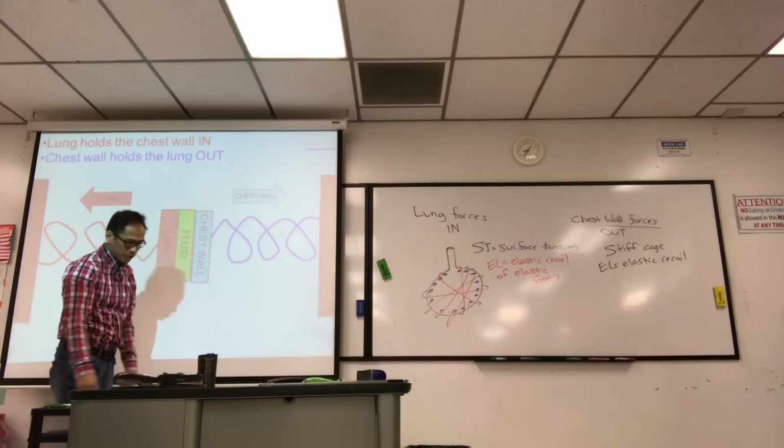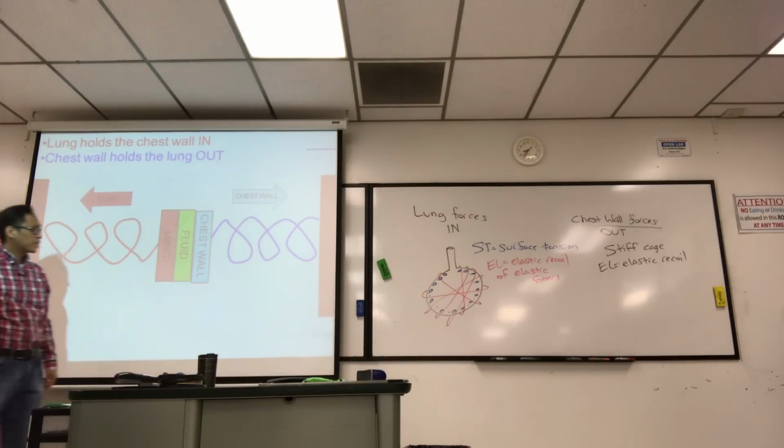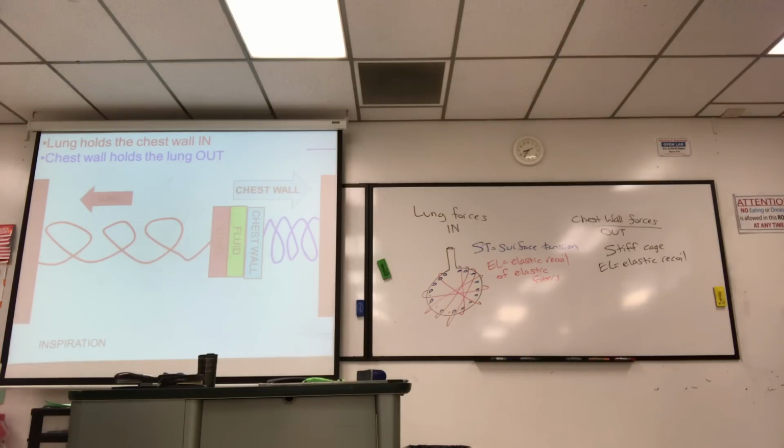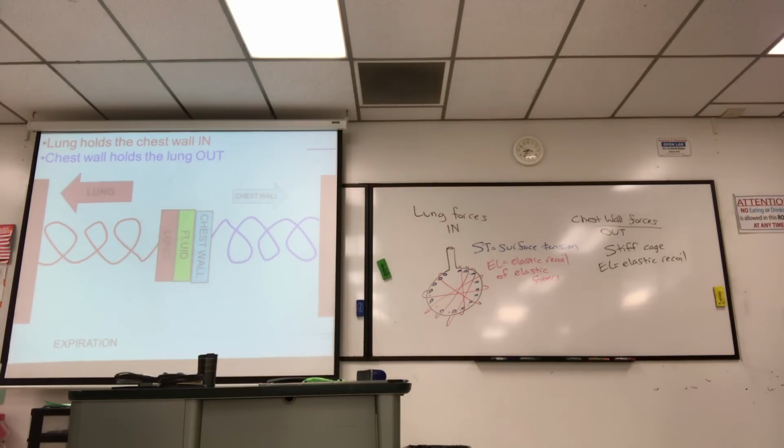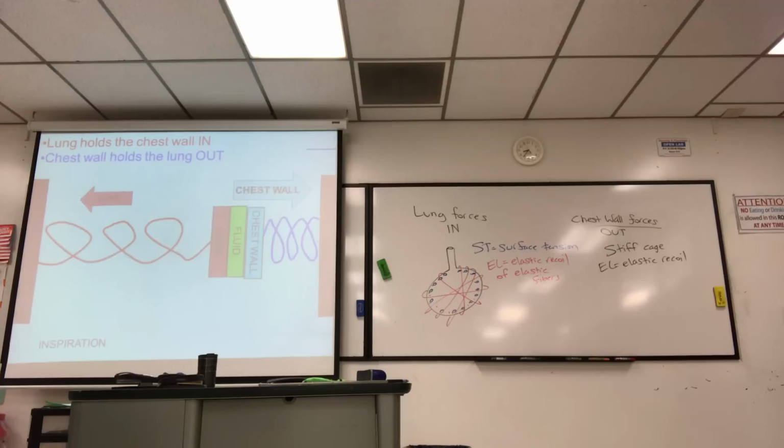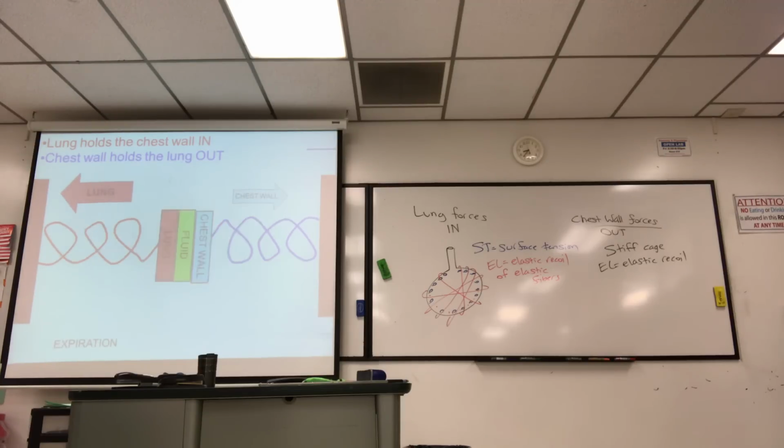I remember this analogy, my physiology professor gave it to me, and he was telling us like, well, if the chest wall forces are greater, you're gonna pull the chest out, like in a breath in. And if the lung wall forces are greater, you're gonna take a breath out, your lungs collapse and everything collapses. So breathing in and breathing out is simply whether the chest wall or the lung wall forces are greater. That's all it is, like springs pulling on each other.